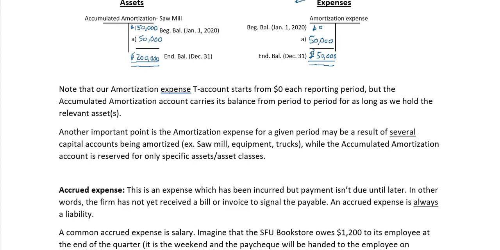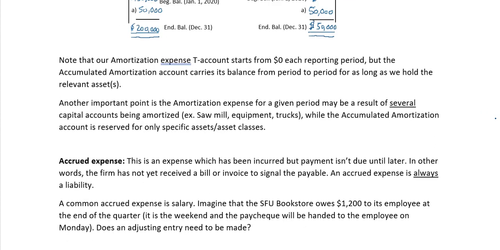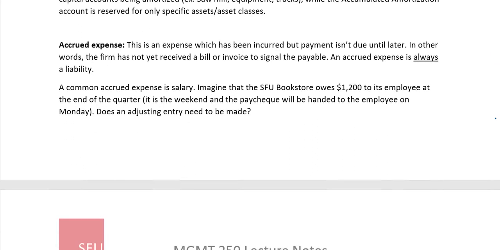Another important point is the amortization expense for a given period may be a result of several capital accounts being amortized, in this case sawmill, equipment, and trucks, while the accumulated amortization account is reserved for only specific assets or asset classes. Right, so it's a contra account which is specific to one asset. And as I mentioned, with our amortization expense T account, we ignored the other two assets, which Jason would amortize under normal circumstances.